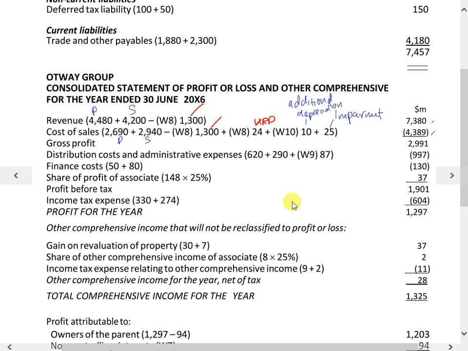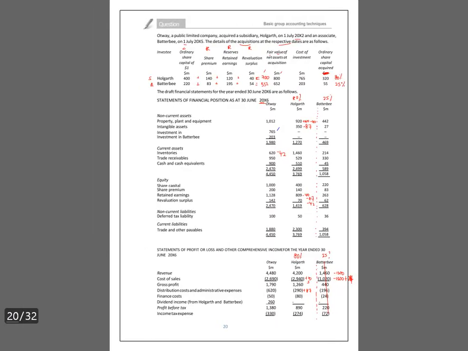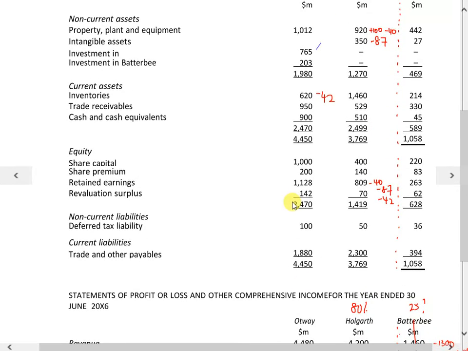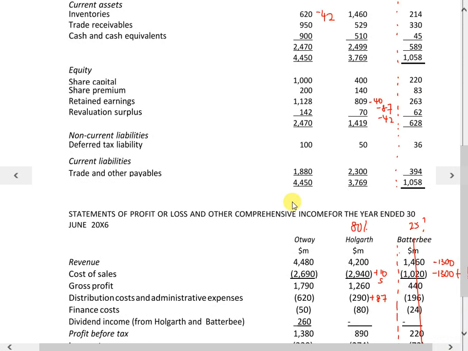Distribution expense will be your parent plus subsidiary plus the intangible asset written off. Here. Remember, we have the intangible asset written off just now. Training and marketing costs included as intangible asset shouldn't be included. Take it up and it comes to your profit. Increase your cost, reduce your profit.